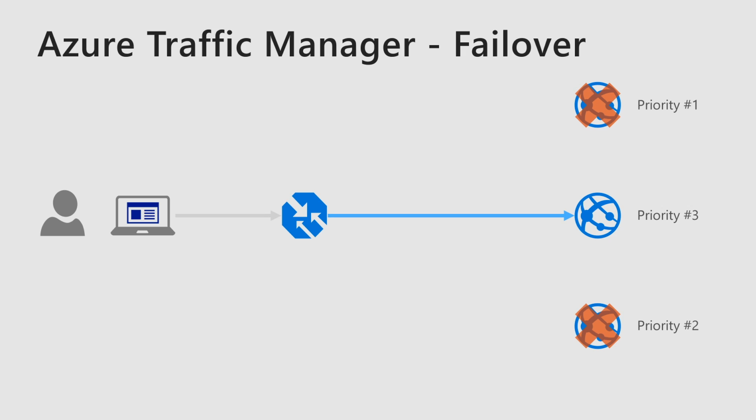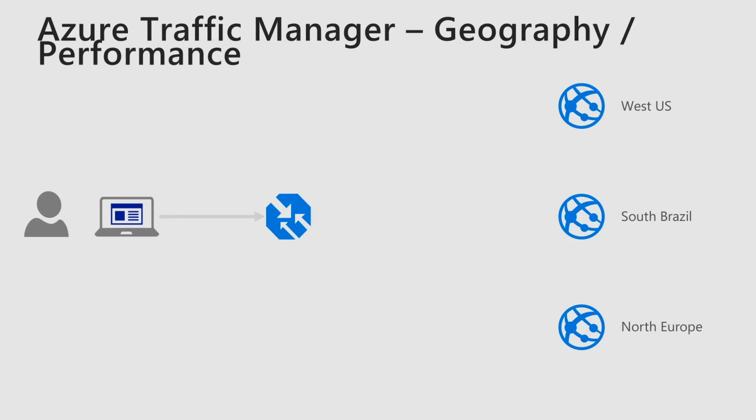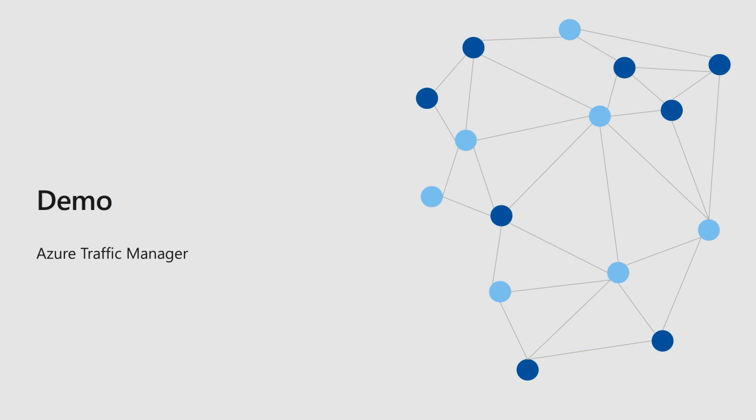And let's imagine that priority 3 doesn't have any problems. So there you go. The geography and the performance work in a different way. Depending on where the user is from, there is either a rule, like in geography, that says you need to go to West US, or it detects through the latency tables where you should go, and then routes you to one or the other.